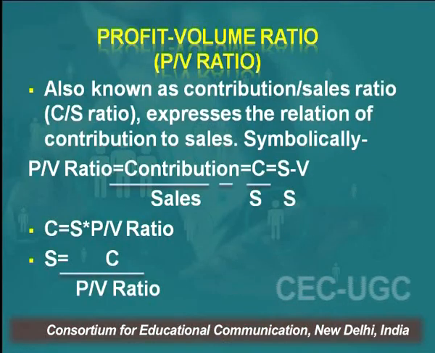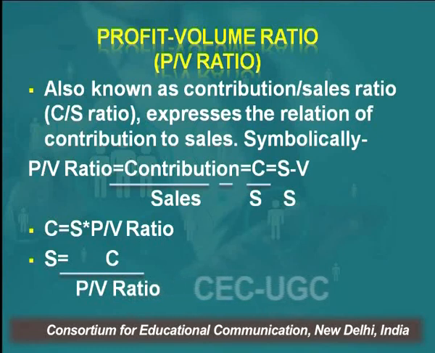See, another very important term that we use in marginal costing is the PV ratio, right? The full form of PV ratio is profit volume ratio, but it is popularly known as PV ratio. This term is also known as CS ratio. Whether you call it PV ratio or CS ratio, it is one and the same thing.